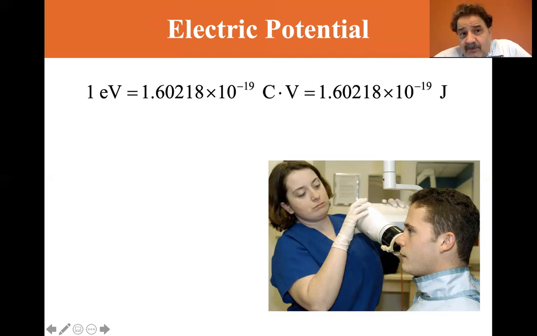What is the charge on an electron? It's 1.60218 times 10 to the minus 19 coulombs. And of course you have 1 volt. If a volt is joules per coulomb and you multiply by coulombs, you get joules. So 1 electron volt is equal to 1.60218 times 10 to the minus 19 joules.